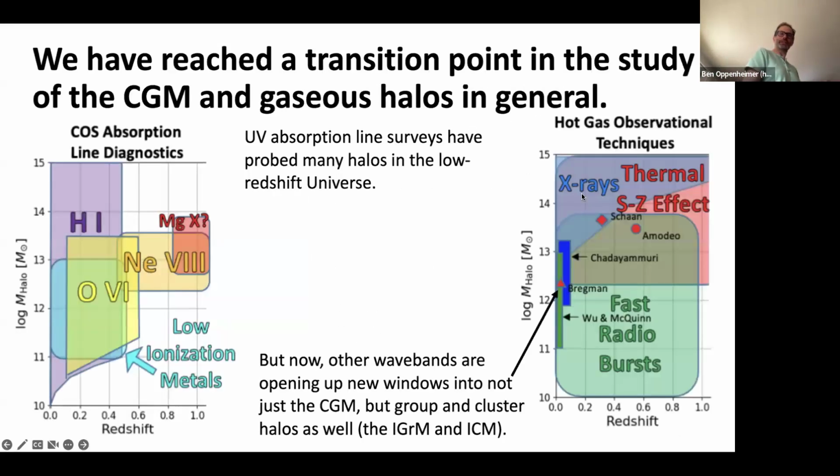But to get there, we have a wealth of observations. And those observations, close to my heart, are UV absorption line surveys done by COS, the Cosmic Origins Spectrograph, probing this phase space of redshift and halo mass in the evolved universe, and different ions and the different halos that they correspond to, etc. We're really looking at the z below 0.6 redshift universe from a halo perspective in this part of the talk.